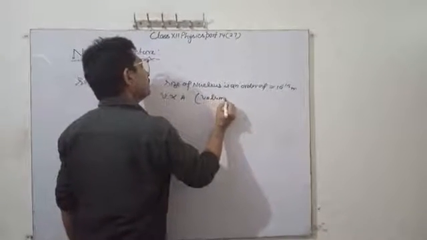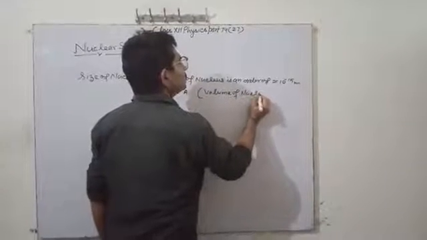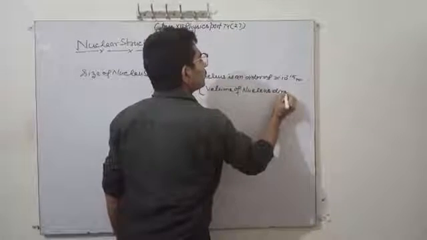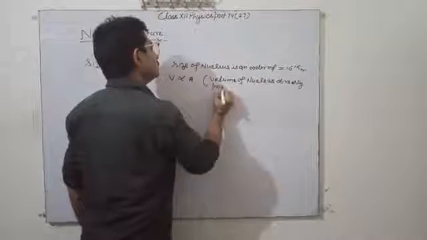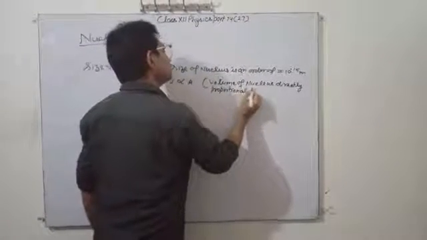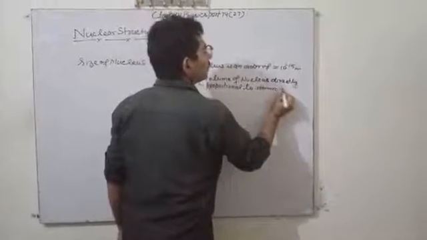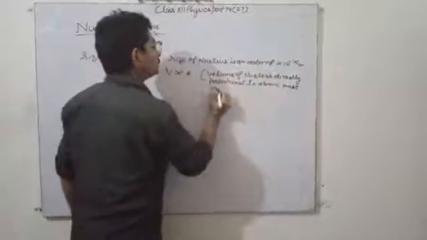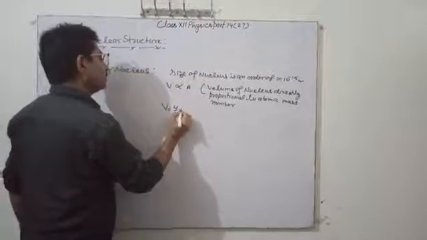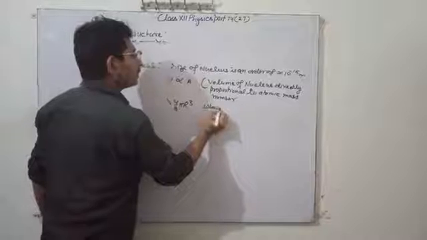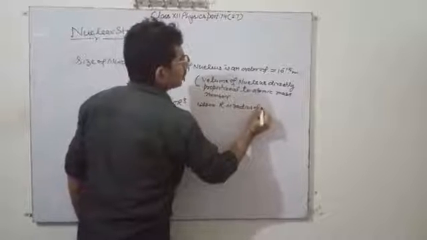Volume of nucleus is directly proportional to atomic mass number. Volume equals 4 by 3 pi r cube, where r is the radius of the nucleus.